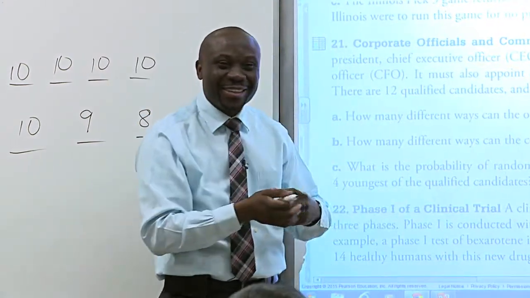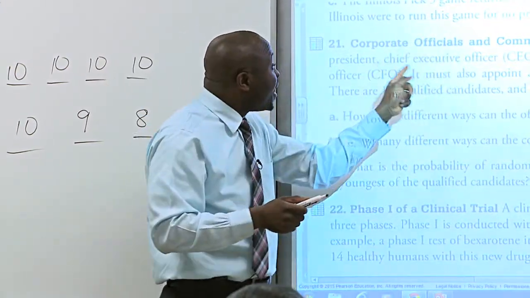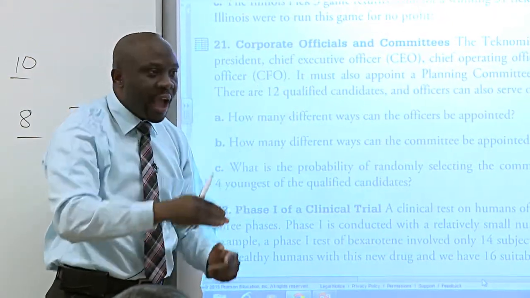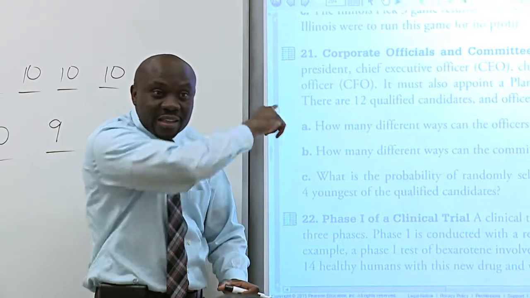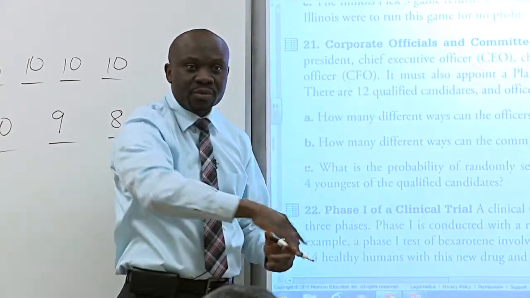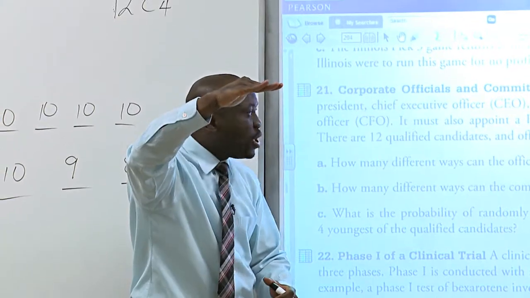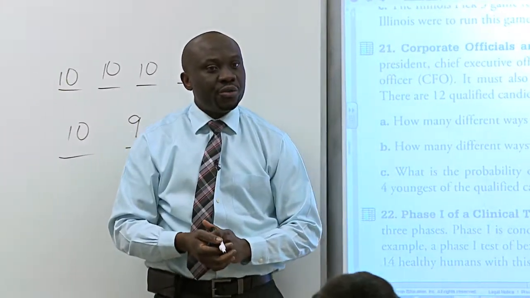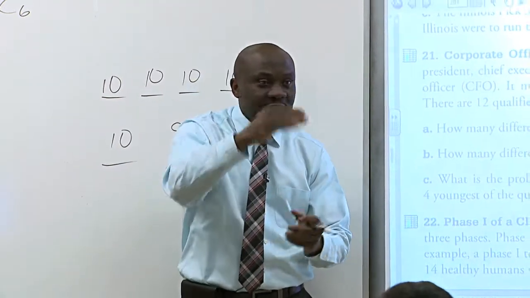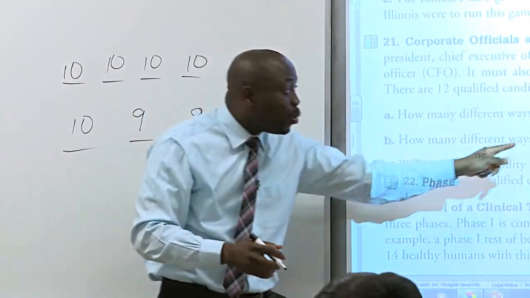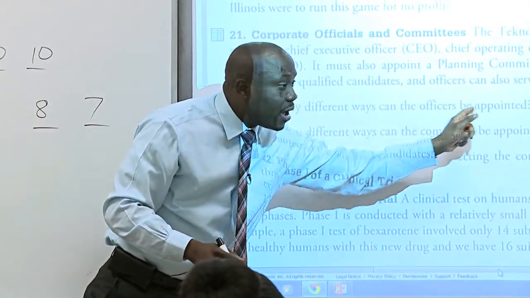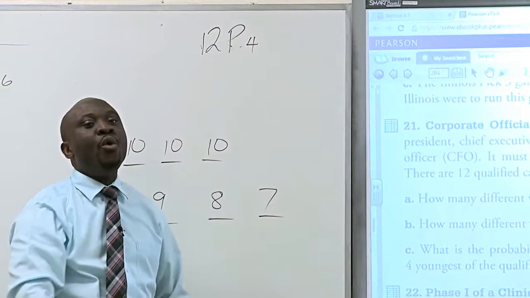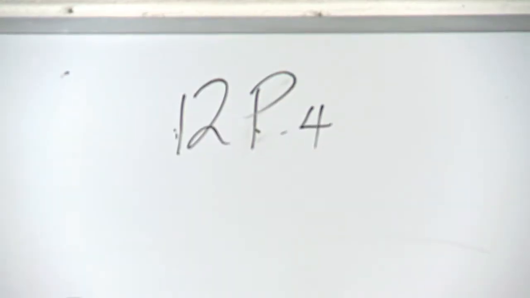It's because this is order. President, chief executive. You can tell from there that is order. The president is up there, CEO, chief operating officer, and then the financial controller. That is order. And that is why the first part, which involves the officers, must be 12P4. Because order matters.